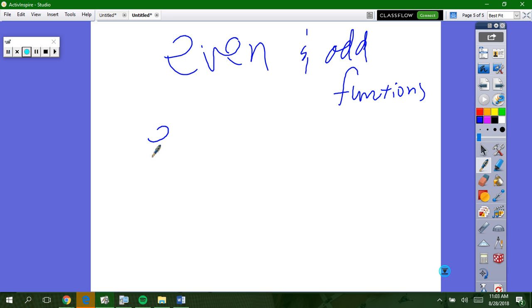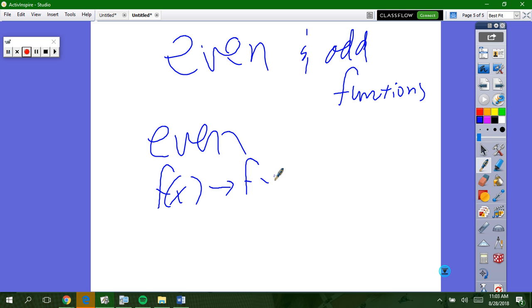Let's start with an even function. I'm going to give you the definition of both. Now, the way I give the definition, you might be all like, what the heck does that say? Because I'm going to put it in mathematical terms. Okay? So let's say we have this function f of x. Now, the way you do this for even or odd is the same procedure. You replace the x with negative x.